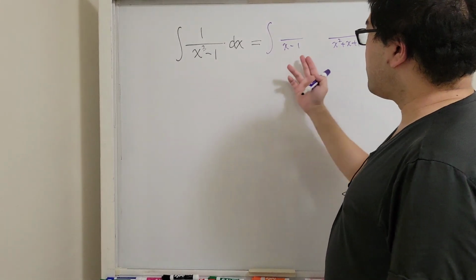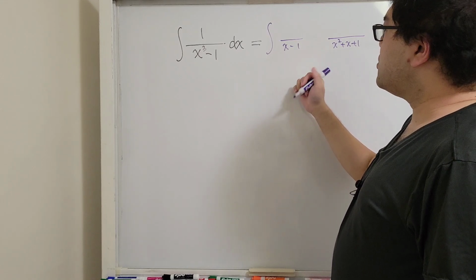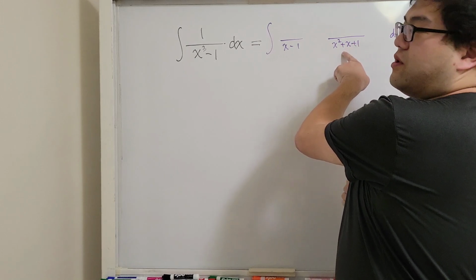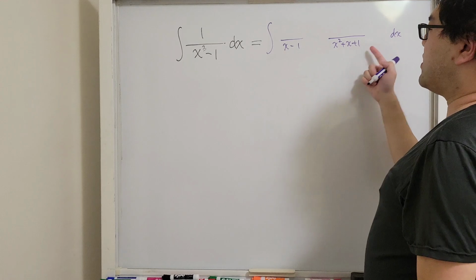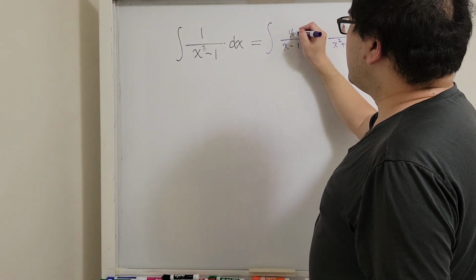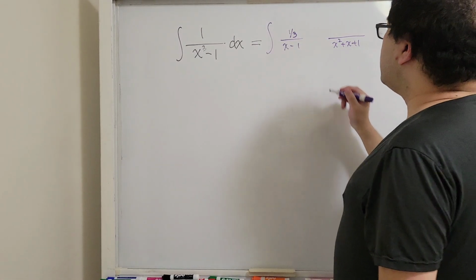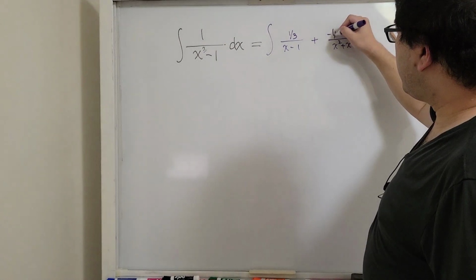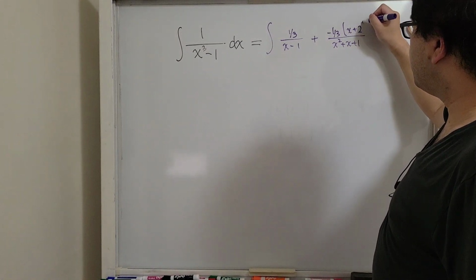Now, what are we going to do? Well, we can use the covering method to figure out the first part. Since our denominator is x minus 1, we're going to set x equals 1 and plug it into the remaining part, which is x squared plus x plus 1, to get 3 in the denominator. So our coefficient of the first term will become 1 over 3. Similarly, if we do it the same way, we'll get negative 1/3 times x plus 2.